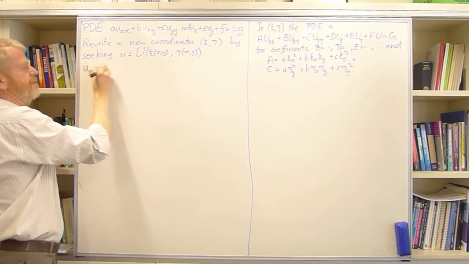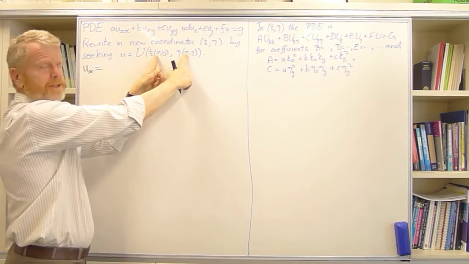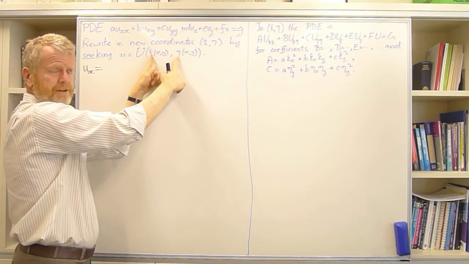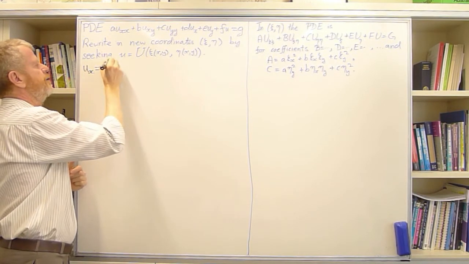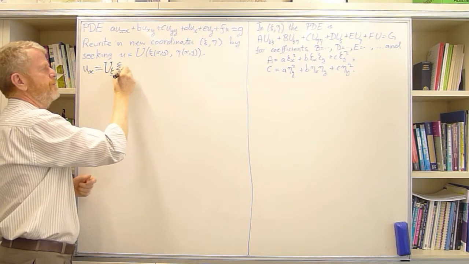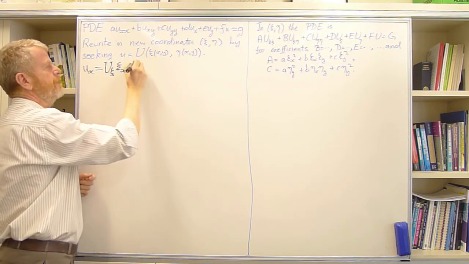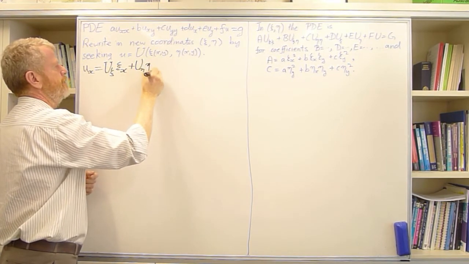So du by dx is, well, the x dependence occurs twice and it's chained through psi and eta, so we need to use the multivariable chain rule that this is du by dpsi times dpsi dx plus du by d eta times d eta by dx.